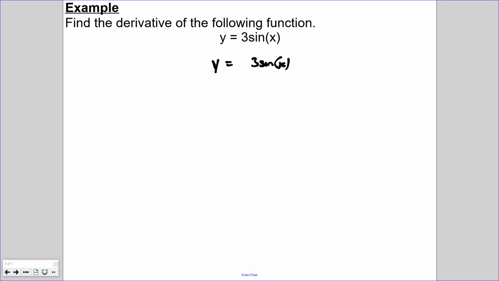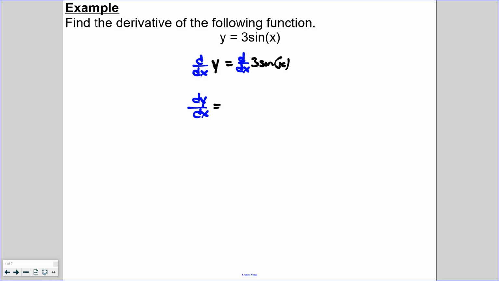And we want to take the derivative of this function, which means we'll take the derivative of both sides. Well, d dx of y, we know from a previous video, we can rewrite as dy over dx, meaning we have already taken the derivative.